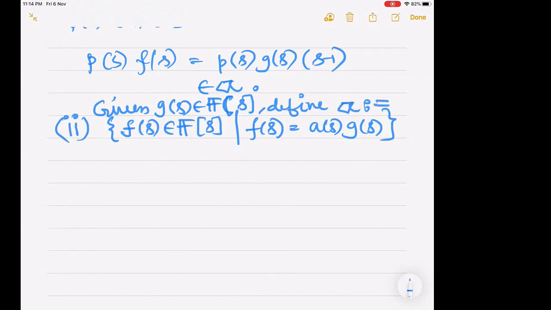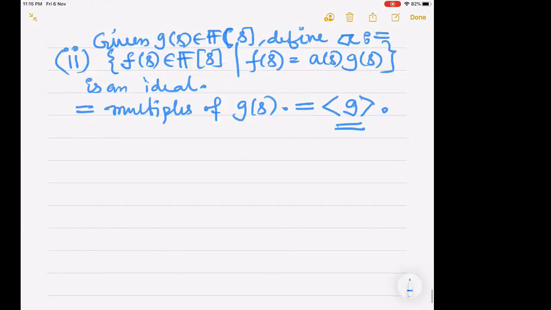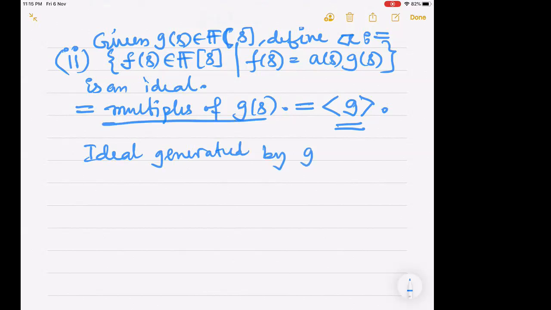It can be called the set of all multiples of the given polynomial g(s). This set is called the ideal generated by g. Once again, ideal generated by g means the set of all possible multiples of g.